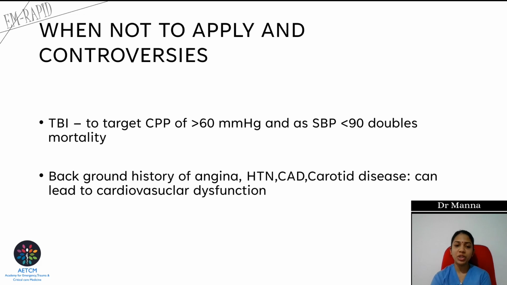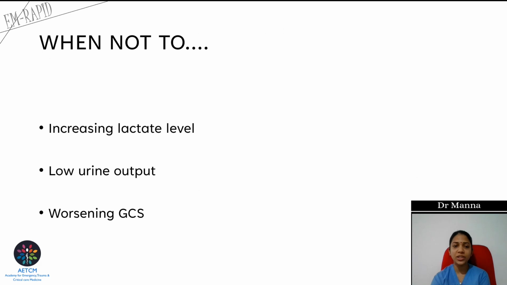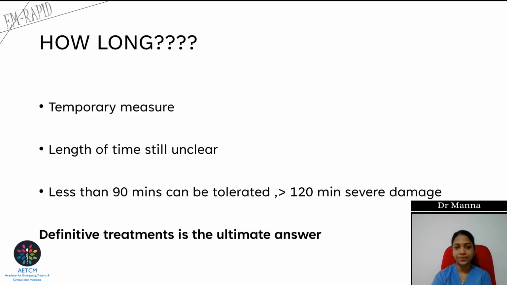And if a patient has any past history of angina, hypertension, coronary artery disease, targeting a lower MAP can cause myocardial and cardiovascular dysfunction. So these are some contraindications, and another is if we are practicing balanced resuscitation and we find that this patient has worsening of lactate, reduced urine output, worsening of sensorium because of hypotension, then we cannot practice balanced resuscitation anymore.